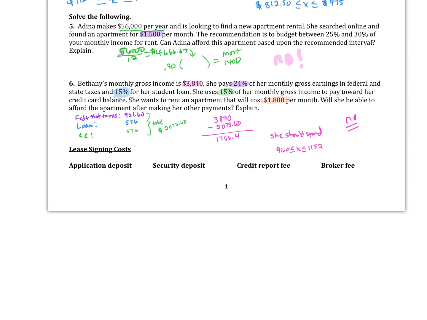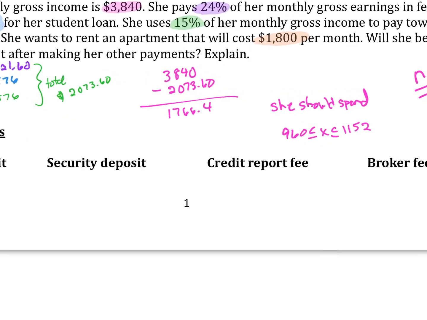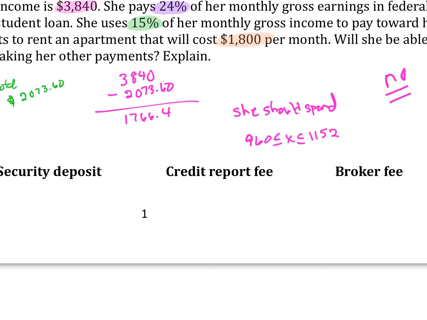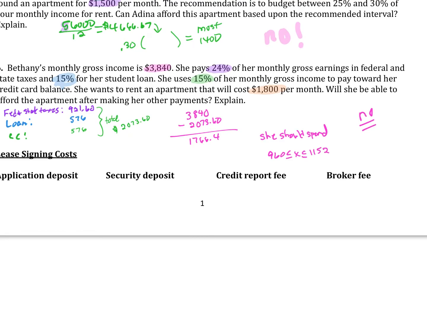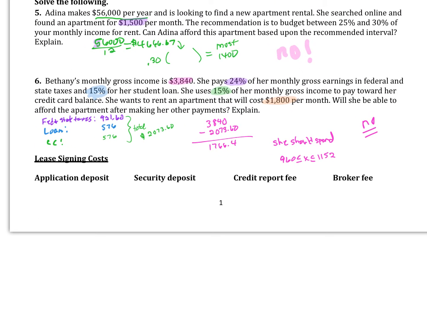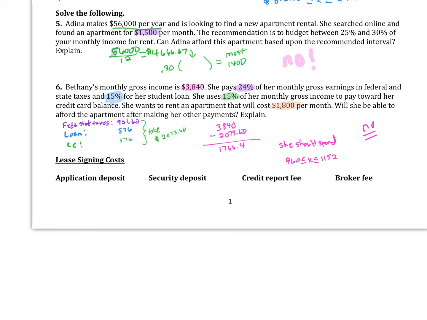Right, well, think about this. She's spent all of that other money, so she's got $1,766 to make it through the month. So if she's spending $1,152 on an apartment, then how much money does she have? About $600 to live off of for all of those other things, which isn't going to happen. The question is just asking for that initial 1,766.40.